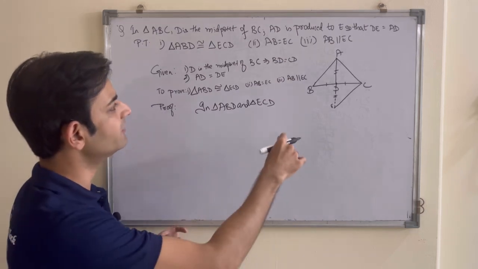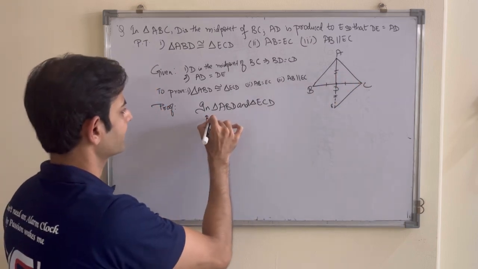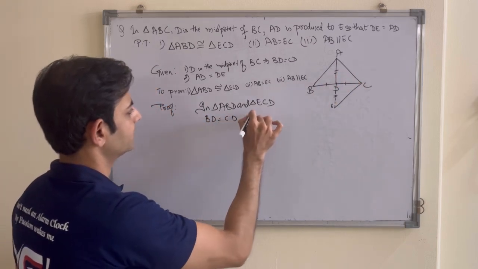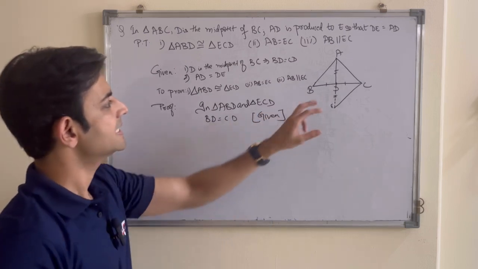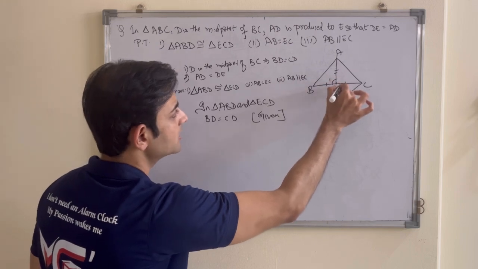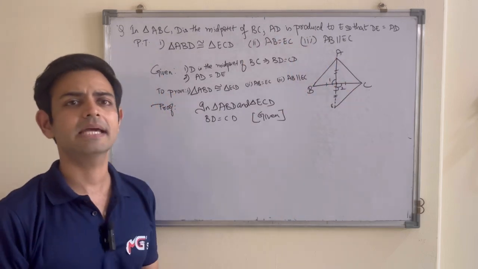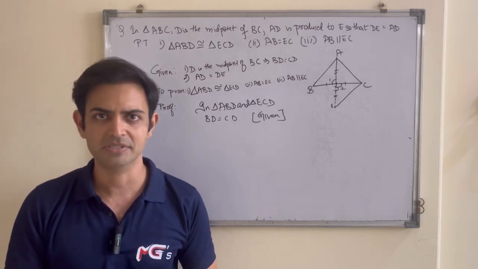Now, here we are given that BD is equal to CD. You have to write the reason for that, so it is given. Second, I can say angle 1 is equal to angle 2 because they are vertically opposite angles. Now, how to identify vertically opposite angles?